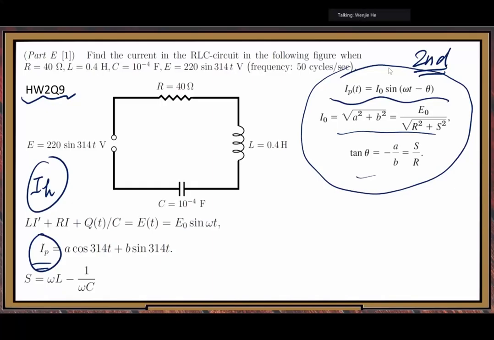Another thing is, in the question, we don't have the initial values, right? From the question statement, you cannot see the initial values, right? But many students assumed the initial values. It's not completely wrong.